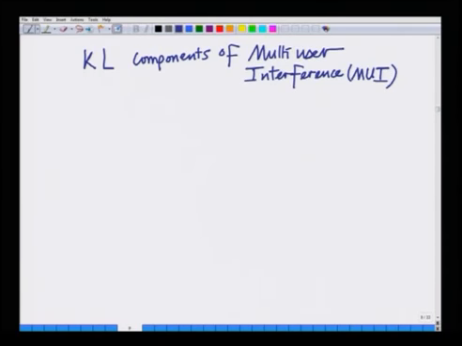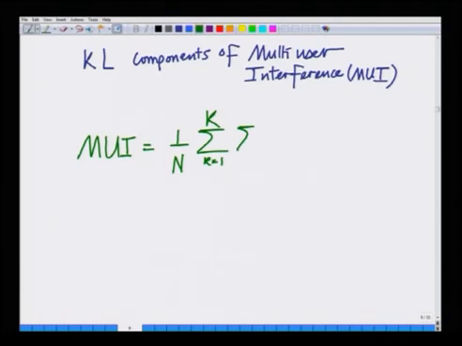The multi user interference is nothing but MUI equals 1 over n summation k equals 1 to capital K, summation over all paths d equals 0 to L minus 1, that is the L paths of the interfering user, summation over the number of chips, that is m equal to 0 to n minus 1, Sk.